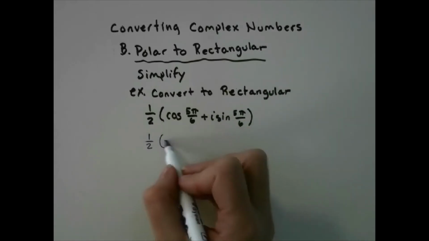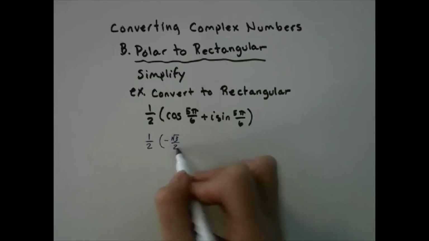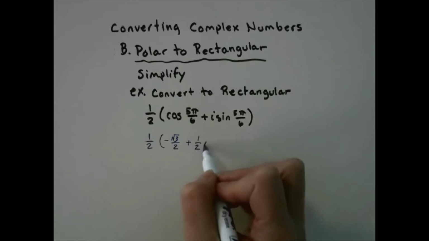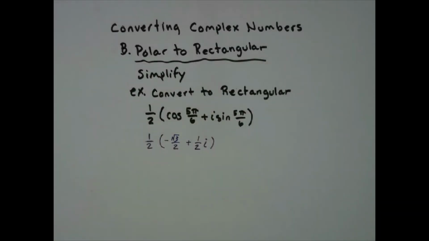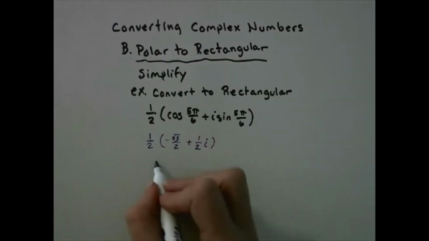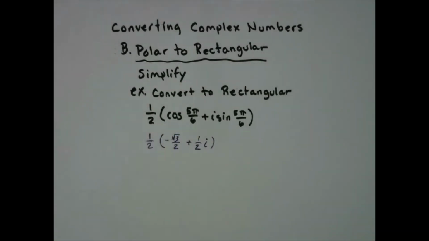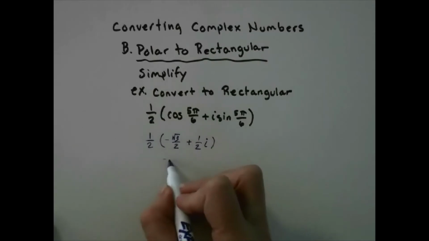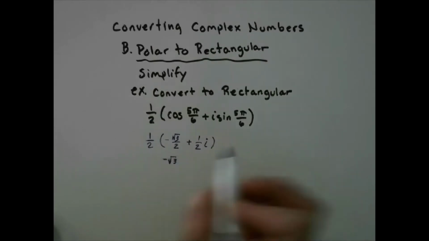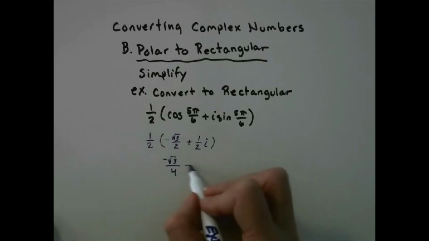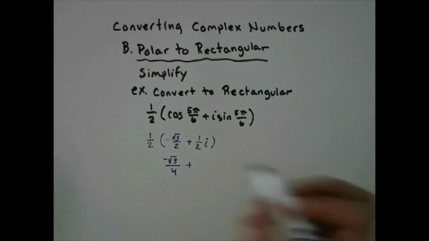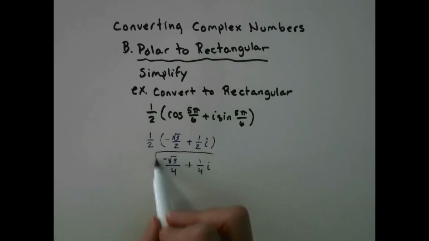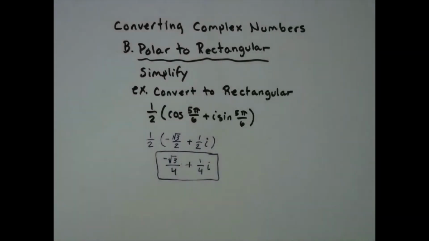Cosine of 5 pi over 6 is negative root 3 over 2, plus sine is 1/2. Don't forget your I, and then distribute. So 1/2 times negative root 3 over 2 is negative root 3 over 4, and then distribute. We're not using 1/4 I. And that is the rectangular form.